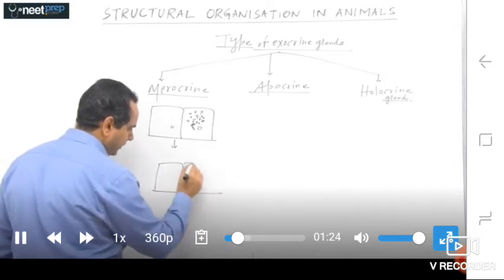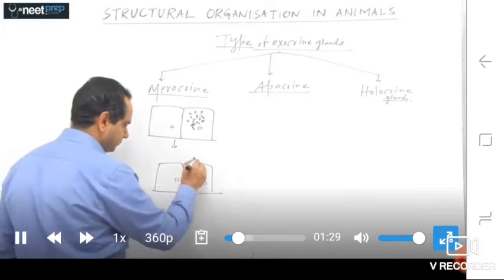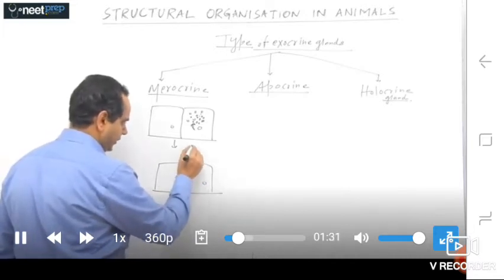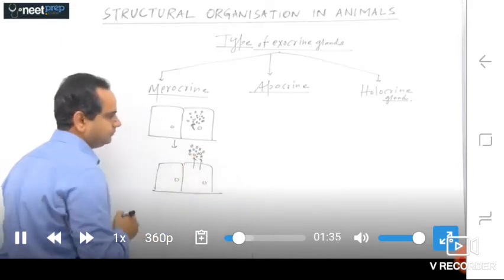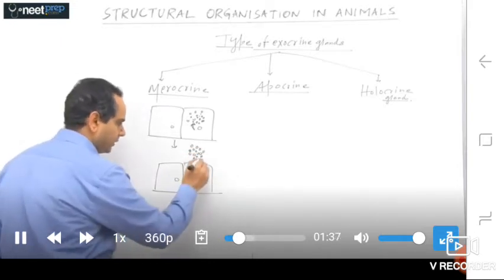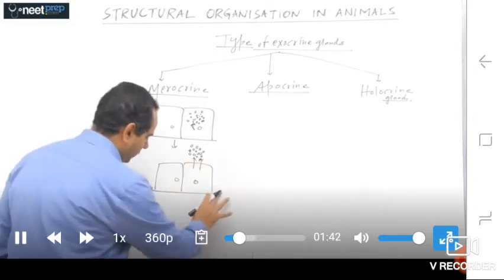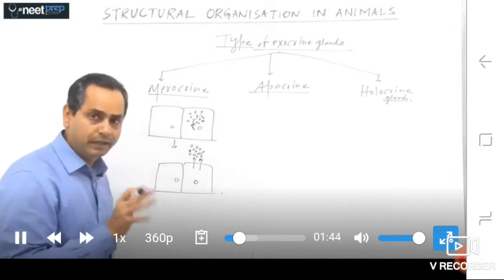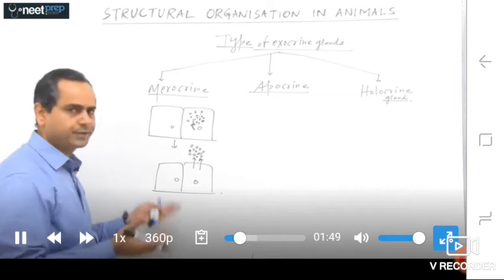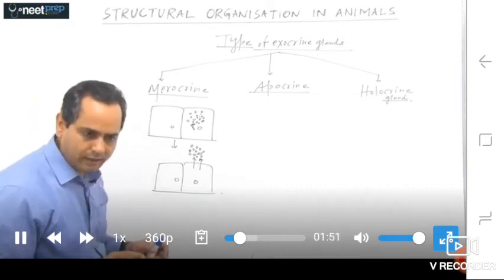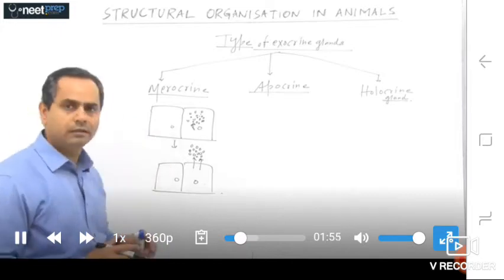Both cells are completely intact in their position, and only the secretion comes out into the duct. So cells are completely intact, no destruction of the cellular structure, only the secretions come out. So in a gland where only secretions come out, that is the part of merocrine gland.